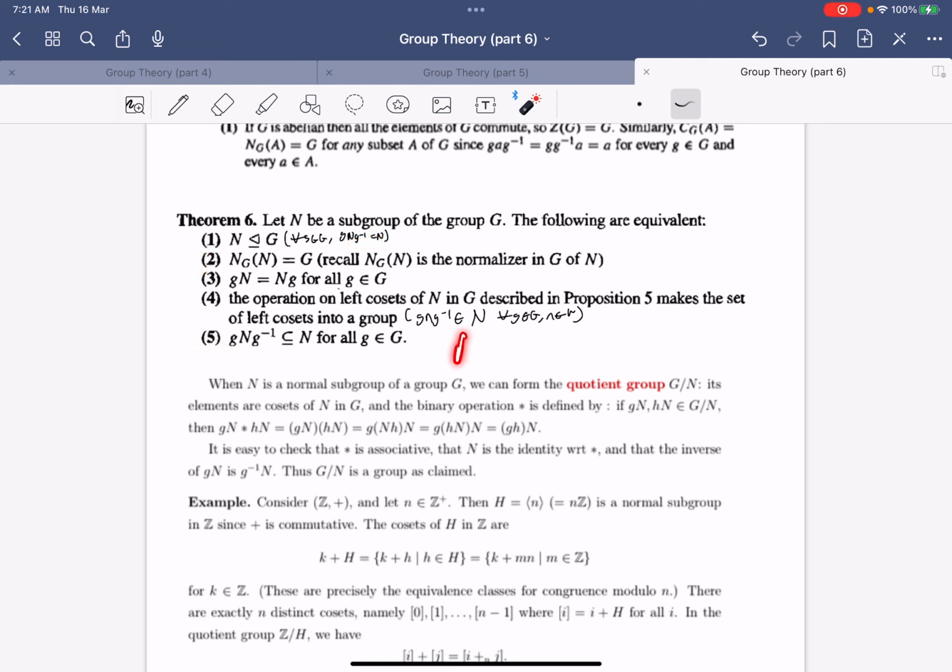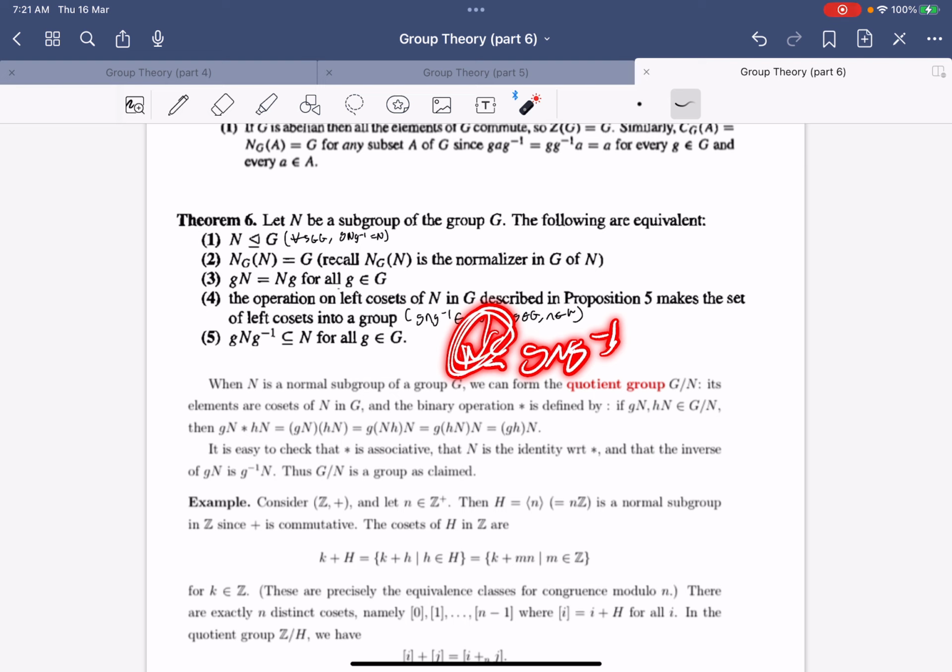But of course N is a subset of g N g inverse, because if this occurs for all g, you can just take g to be 1. So how do you see that N is a subset of g N g inverse?